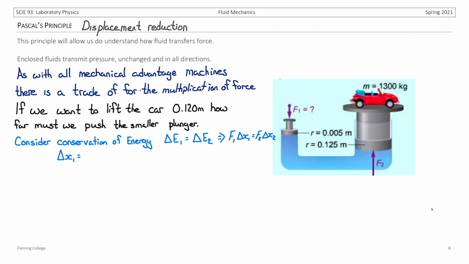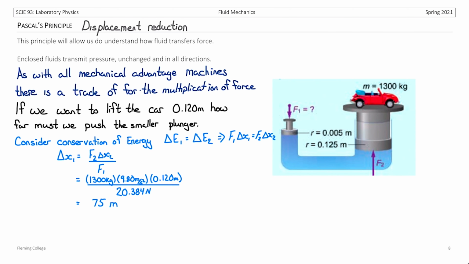We'll rearrange to find that change in position at plunger 1, and we'll substitute the mass of the car, the acceleration due to gravity, the distance we want to see the car move, and our force that we previously calculated. And we see that to get the required height with the mechanical advantage we had, we would have to push our plunger for 75 meters.